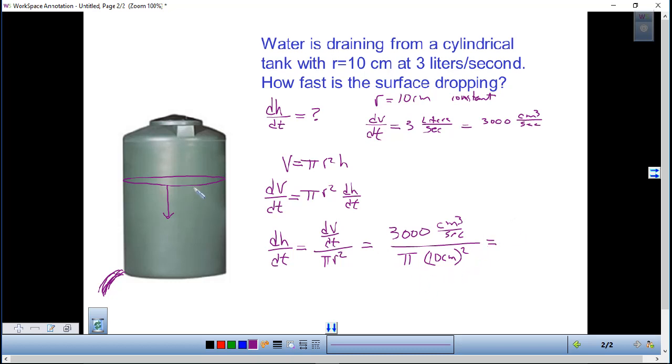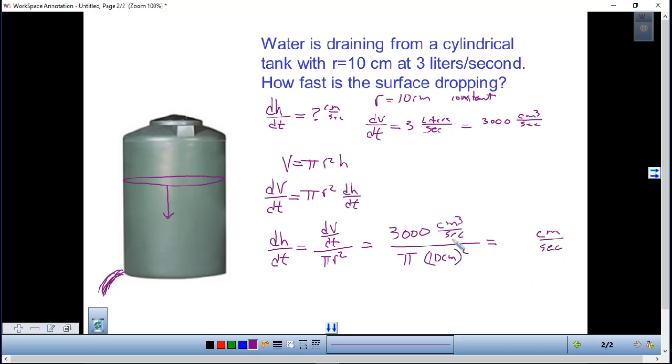What are we expecting this change in height to be? Well, dH dt, since our measurements of length are in centimeters, this should be in centimeters per second. Is that what's going to happen here? Well, when we square the 10 centimeters, we're going to get centimeters squared down there. Divide that into the centimeters cubed per second, we're going to get centimeters per second, which is exactly what we want.